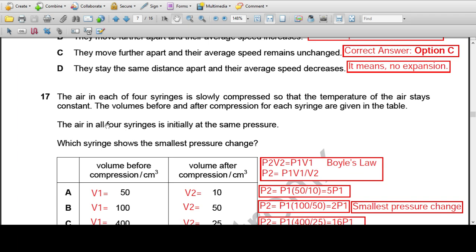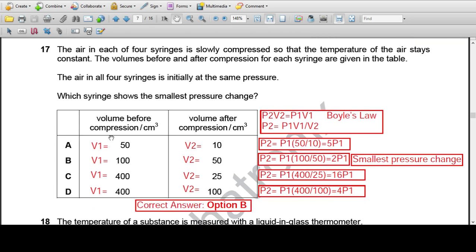Initially the pressure of air in all 4 syringes is the same. We have the volume given before compression and after compression.